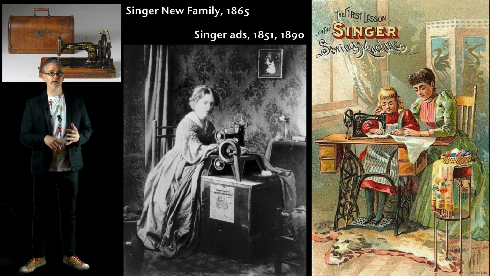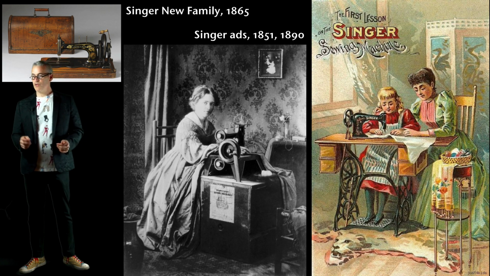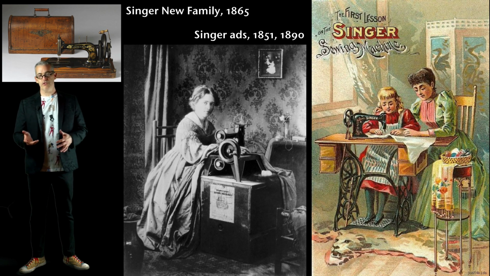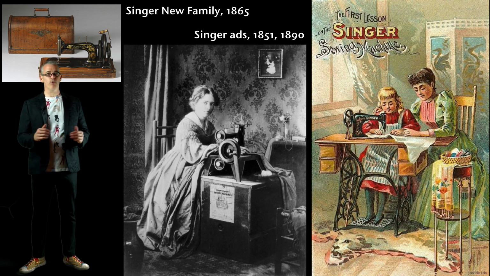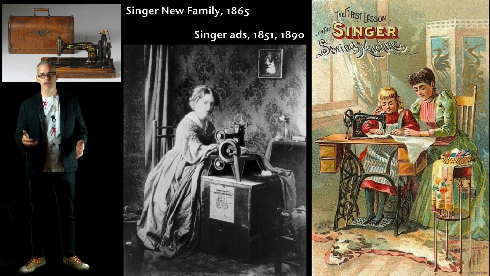First, he realized very quickly that that wooden base, although practical and useful and money-saving, was not going to work in people's houses. The photograph on the left is a really early photograph from 1851 that was used to advertise the sewing machines, and you can see right away that that base has no place in this woman's beautiful parlor with its beautiful wallpaper and her beautiful clothing and the beautiful rug and this piece of industrial equipment.